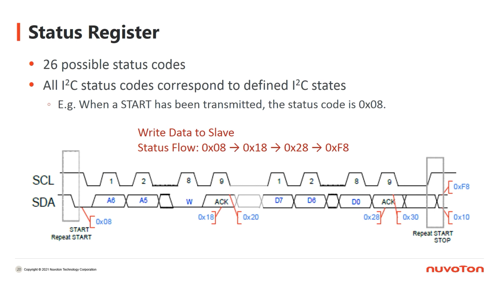When the slave returns ACK after the master sends the slave address and write bit, the status register will be changed to hex value 18. And if non-ACK is returned, the status register will be hex value 20. Therefore, by the value of the status register, the I2C controller would know what state it is in now and what to do afterwards.